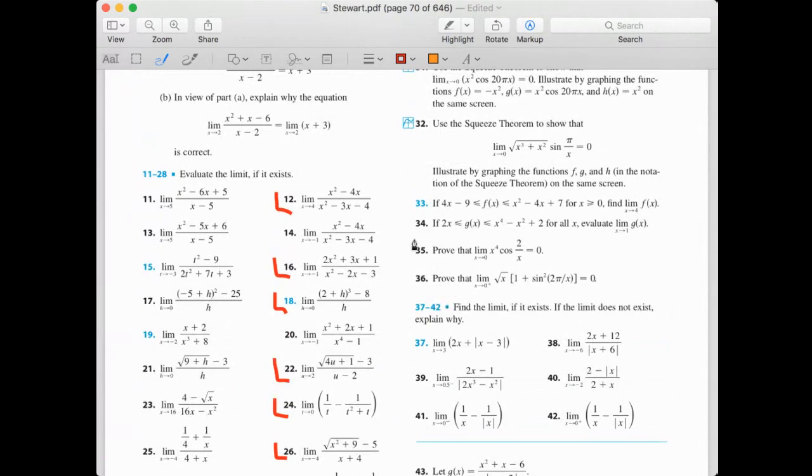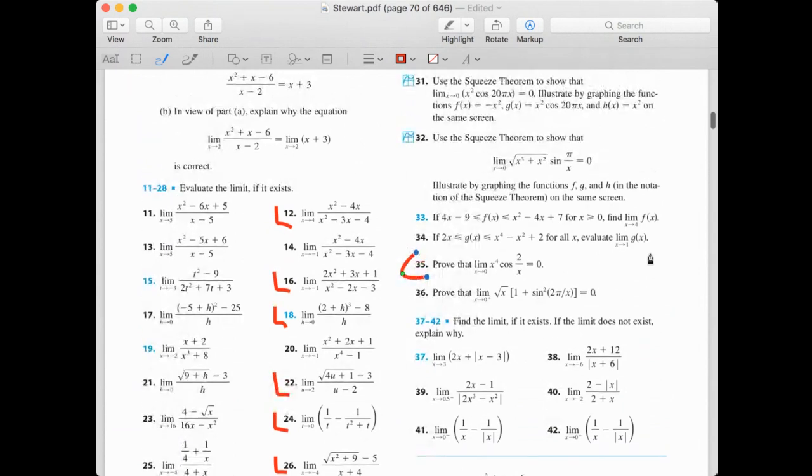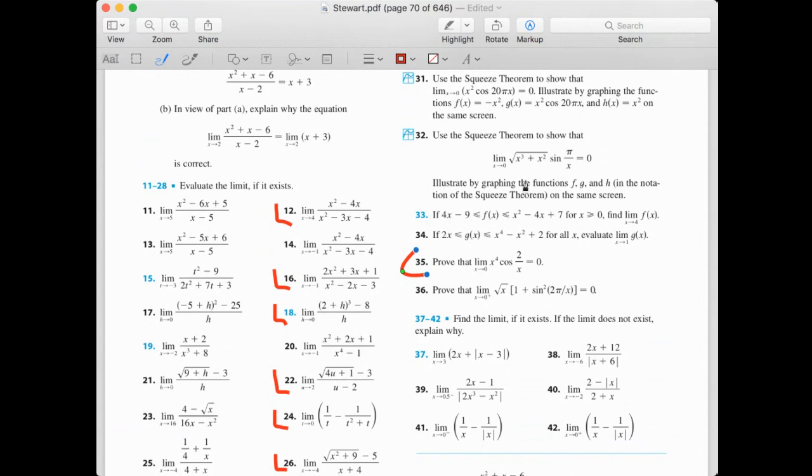Okay, let's try 35. So you all try 35, all right? Even 32. Something called squeeze theorem. Both of these use squeeze theorem. Okay, then 36. Try these three. I'm going to check the attendance while you are trying.